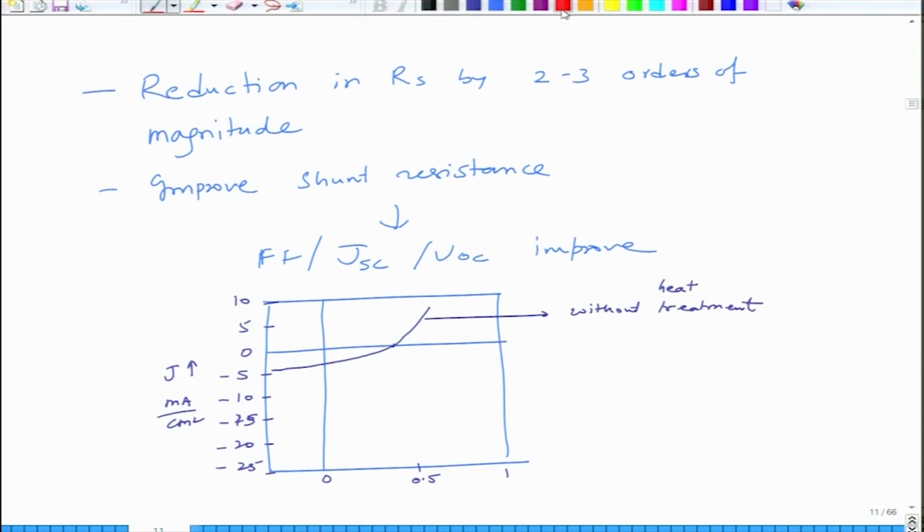If you do a heat treatment in air at 550, you will marginally increase the VOC, so this is for air, 550 degree centigrade, 5 minutes. But if you do CdCl2 treatment, the current increases and the VOC is nearly somewhere here and you get a very good IV curve.